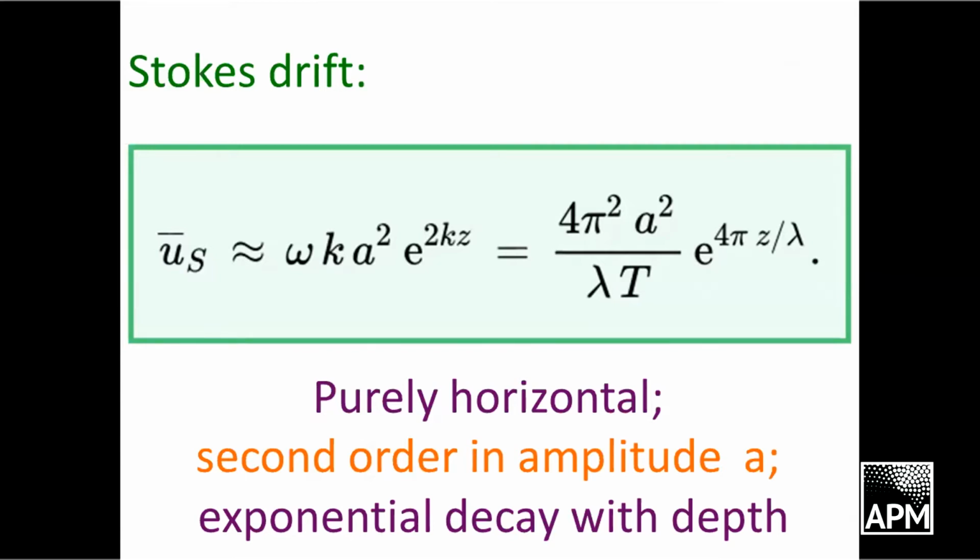So it is very important how big the wave is. That decreases exponentially with depth, as you see, e to the z over lambda. It's purely horizontal. It's second order in amplitude, and it decays exponentially with depth. But it's very, very important. Much, much slower than either the phase or group velocity.